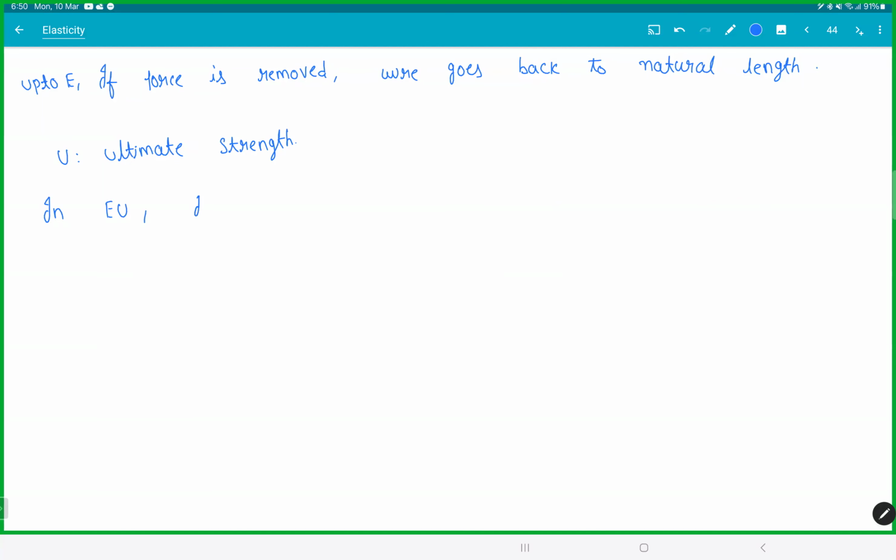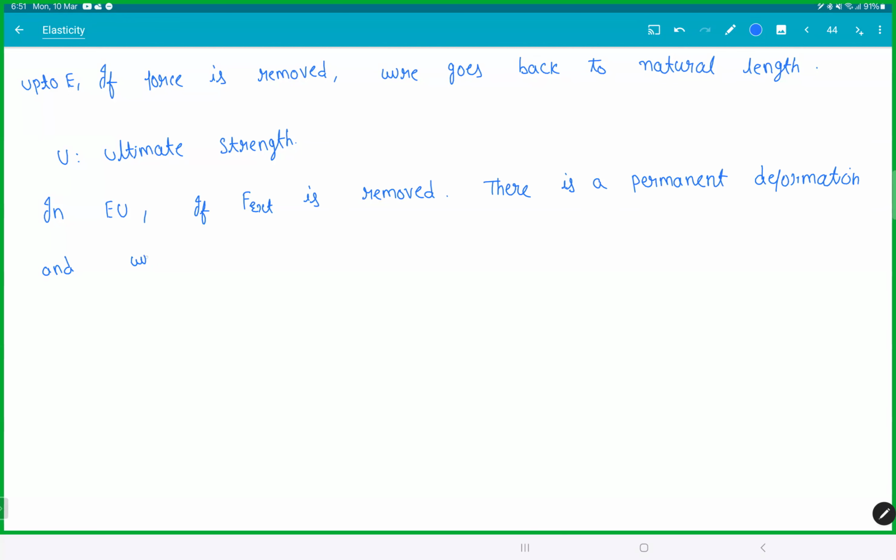In EU, even if the external force is removed, there is a permanent deformation.